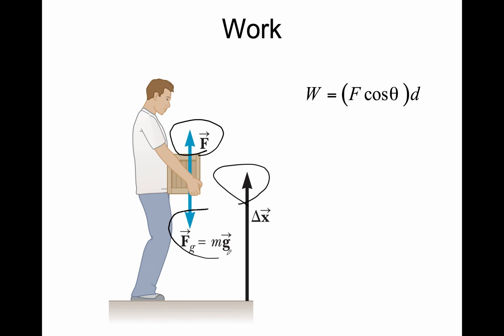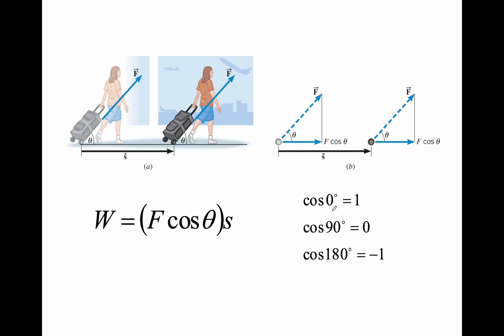On the other hand, gravity mg points down, displacement points up. So what's the angle between displacement and gravity? It's 180 degrees, right? What is cosine 180 degrees? Cosine 180 degrees gives us -1, so gravity is doing negative work in this case.